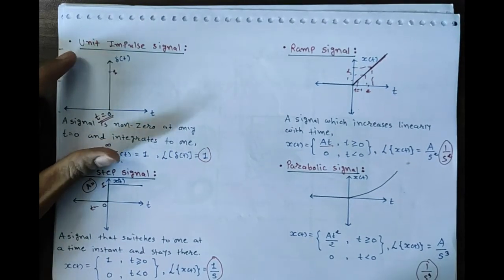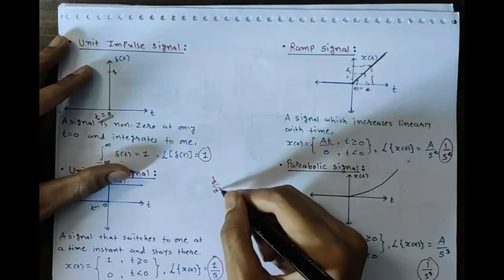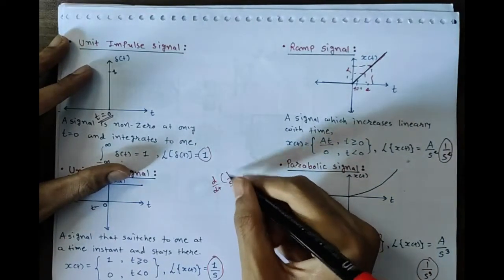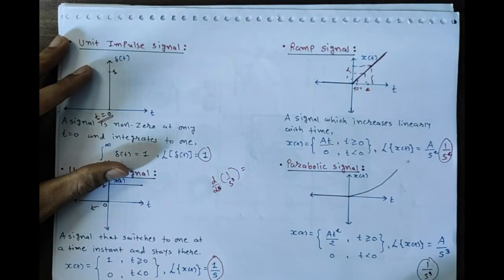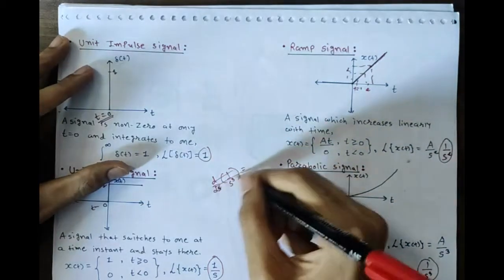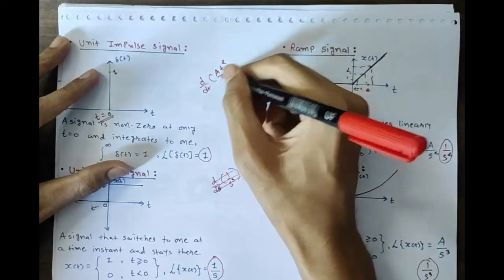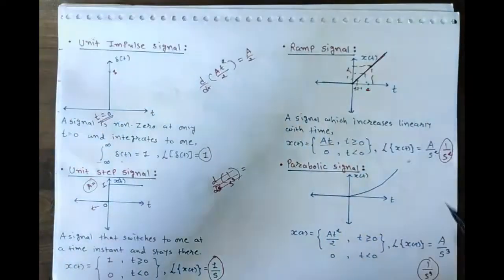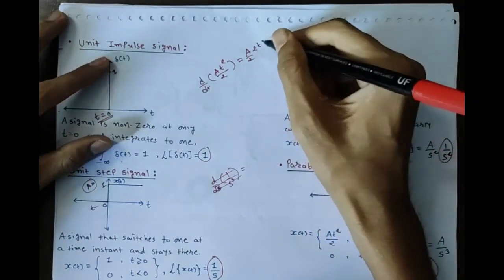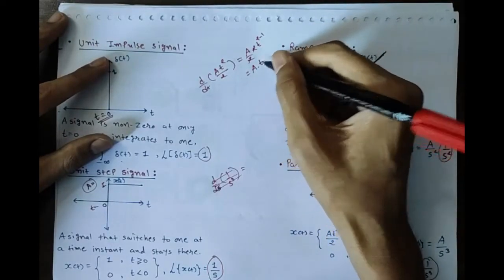Now from this, if you differentiate the parabolic signal directly with respect to t, that is d by dt of a t square by 2, a by 2 is constant, and the differentiation of t square is 2t, so the 2 will be cancelled and you get a multiplied by t.